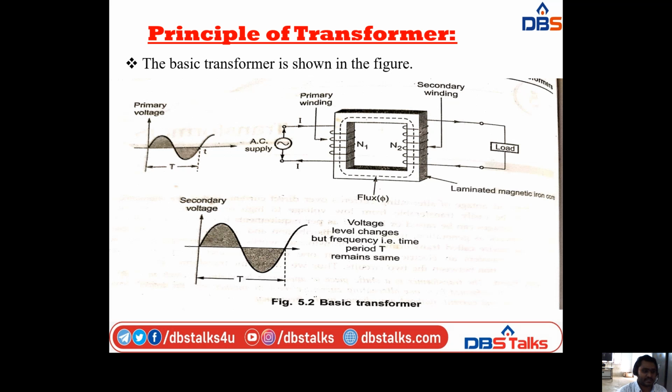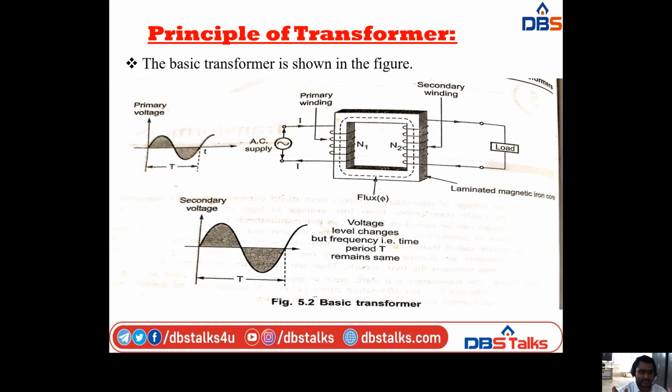If you see the diagram, we have the transformer in a rectangular shape, and the rectangular part is called the core. It consists of two windings: on the left side we have one winding, and on the right side we have another winding.